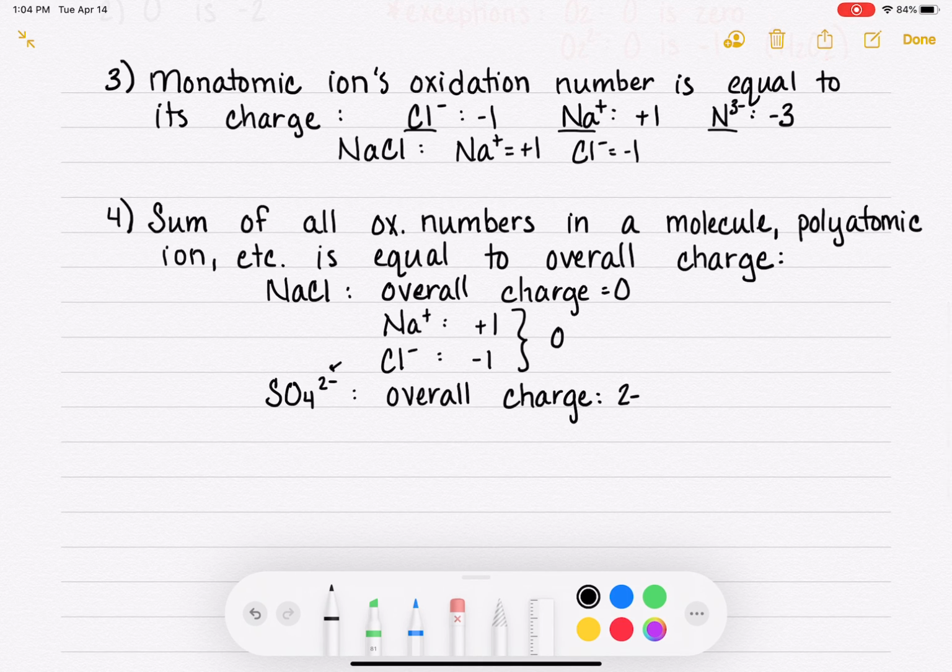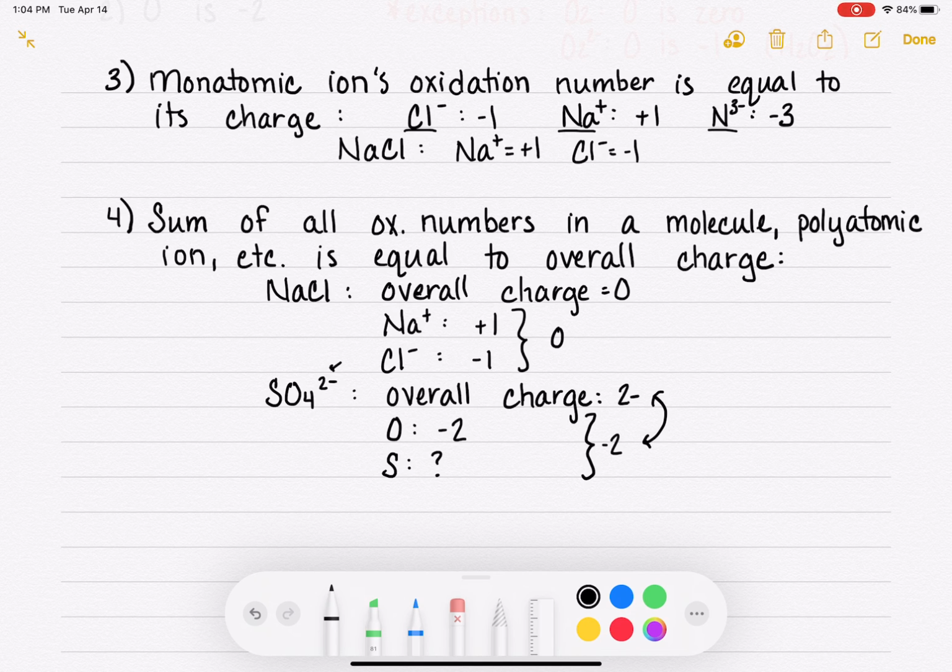We know from rule number 2 that oxygen is always -2. We have no idea what the oxidation number is on sulfur, but we do know that when we add all the oxidation numbers together, they're going to total up to -2, because the sum has to match the overall charge.